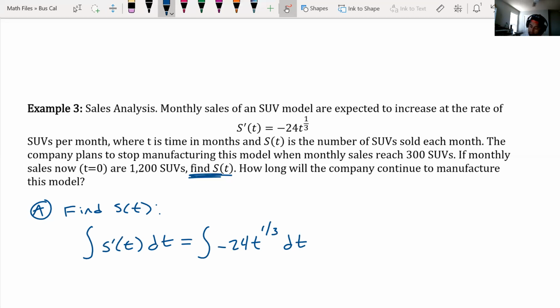So I'm going to move that 24 out. Negative 24 times the integral of t to the 1/3 dt. And now we'll use power rule.